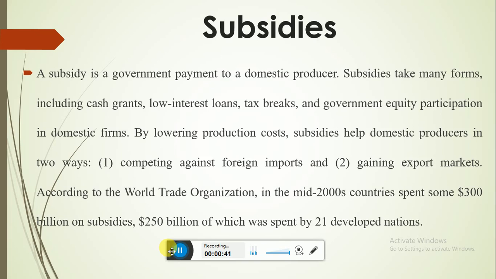subsidies. In most of the developing countries, governments were supporting local manufacturers, local companies, in order to support domestic companies and increase the number of exports and decrease the number of imports.